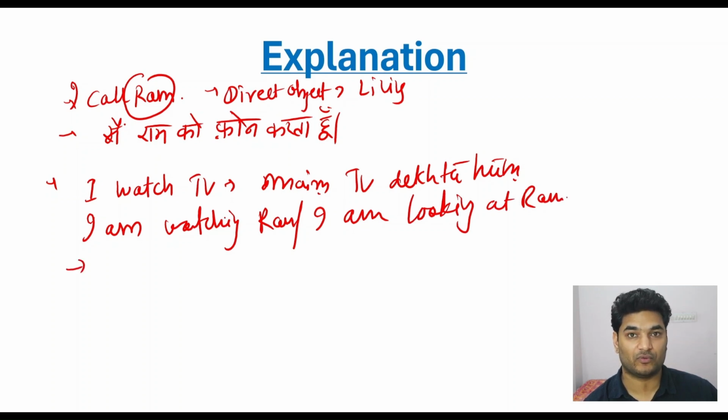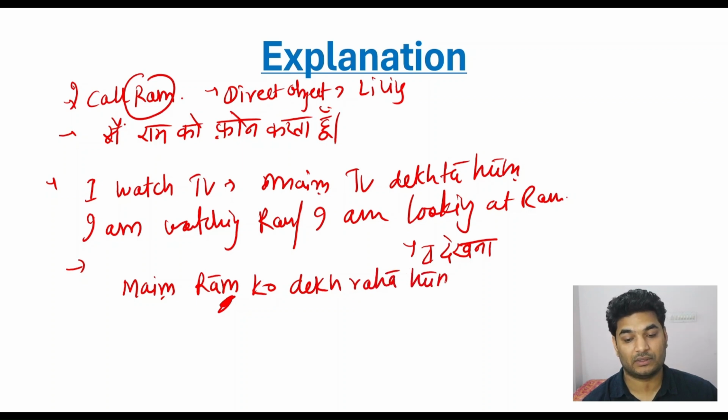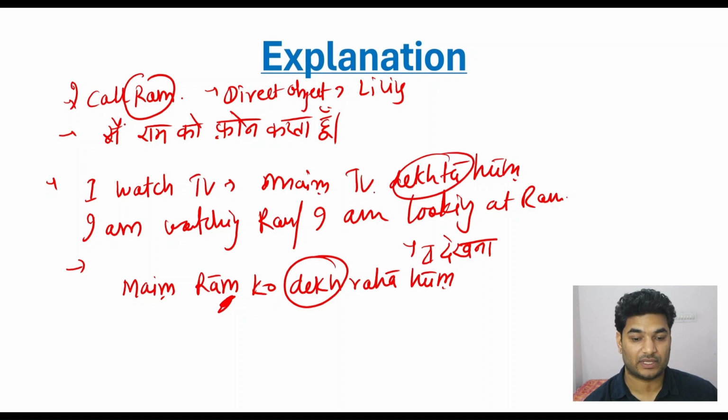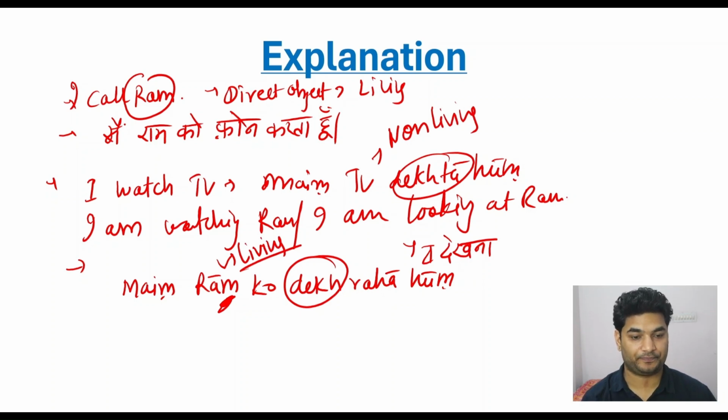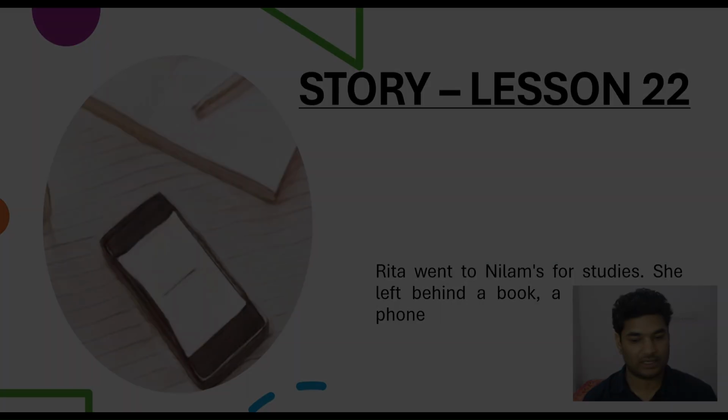In Hindi, to see and to watch, both verbs are translated as देखना. मैं टीवी देखता हूँ and मैं राम को देख रहा हूँ. I'm watching or I'm looking at. मैं राम को, sorry, it should not be there. राम को देख रहा हूँ. I'm looking at Ram. Same verb, देखना. TV is non-living and Ram is living. That's why Ram is followed by ko. That's the rule.